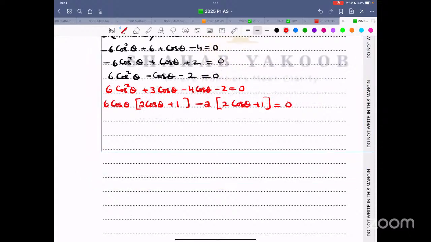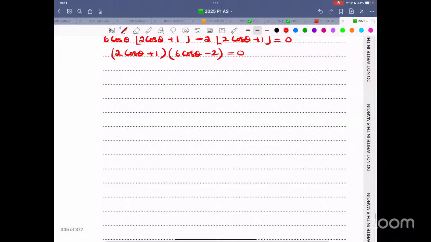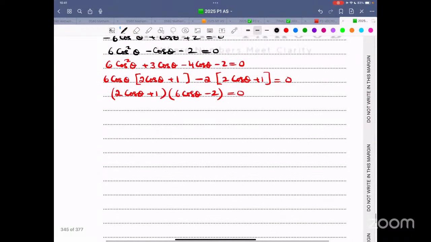Let me just remove this. This is causing distraction. So now over here, this is 2 cos theta plus 1 into 6 cos theta minus 2 equals 0. My bad, there is one small error. That is 3 is common, and this is 3 over here.